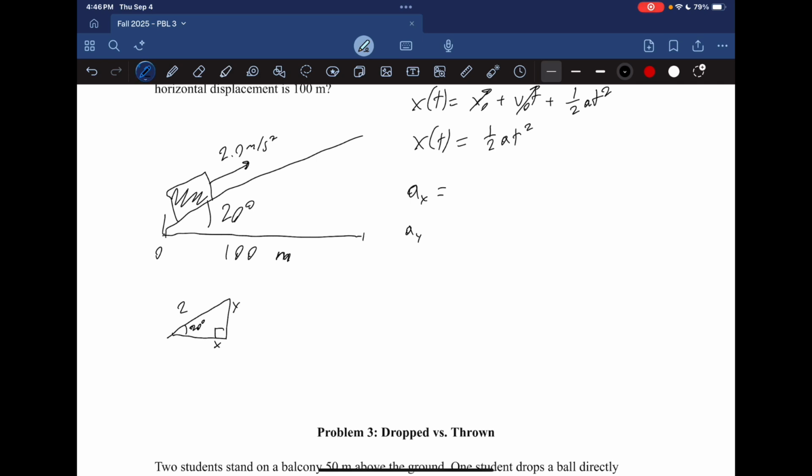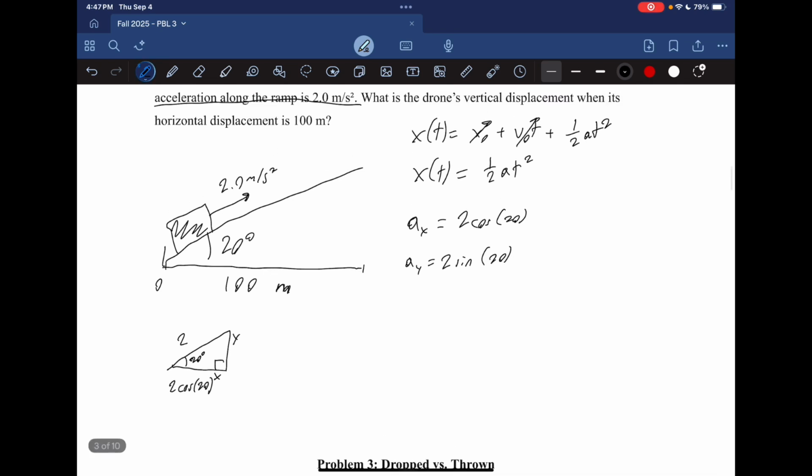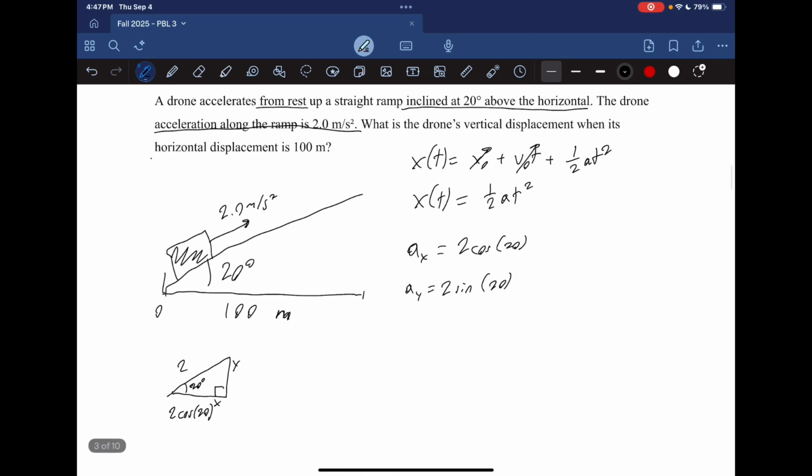The y component is going to be the rightmost leg. So we have the x component is 2 cosine of 20 degrees, and then the y component would be 2 sine of 20 degrees. Right now, though, we're only worried about the x component because it was asking about the horizontal displacement.